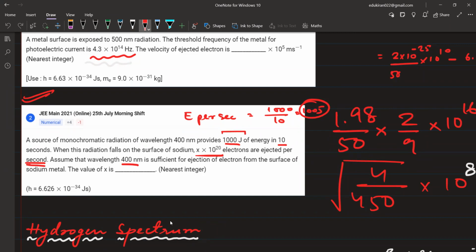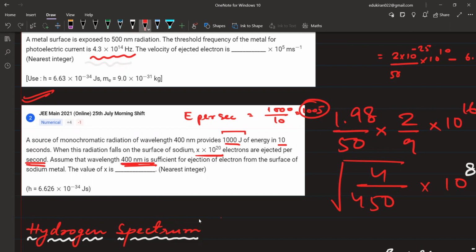First of all, shouldn't we get the threshold frequency of sodium? Threshold frequency is given as 400 nanometer. So then ejection will not take place, right? Ejection will not take place.